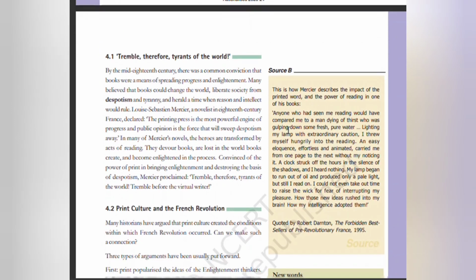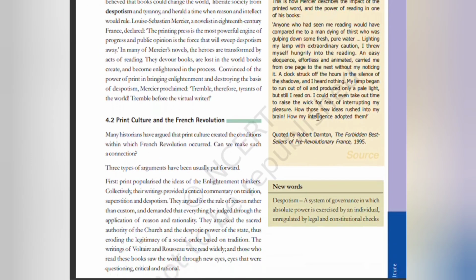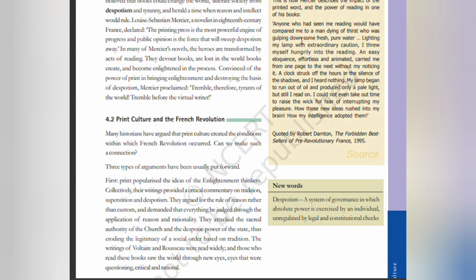This is how Mercier describes the impact of the printed word and the power of reading in one of his books. "Anyone who had seen me reading would have compared me to a man dying of thirst who was gulping down some fresh water. Lighting my lamp with extraordinary caution, I threw myself hungrily into reading. Eloquence, effortless and animated, carried me from one page to the next without my noticing it.